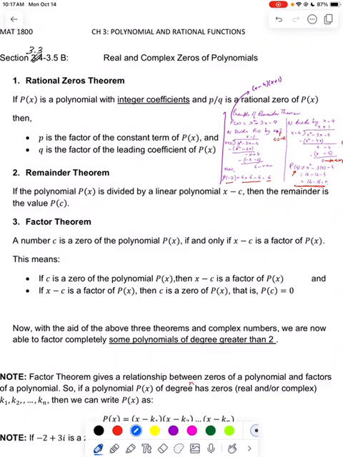And so I repeat the rational zeros theorem here. It says if p of x is a polynomial with integer coefficients, and if p over q is a rational zero, I could just say k here, but we mean to say that k is a rational number, meaning k is something of the type 2, -5, 2 over 3, something like that.